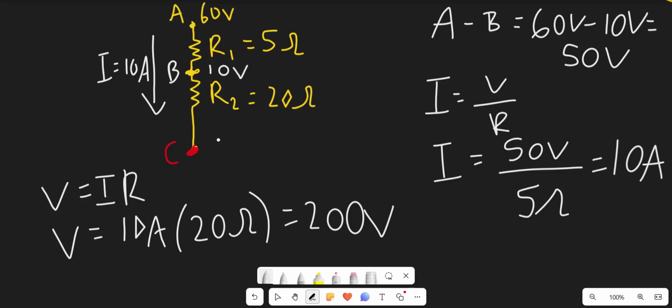And also, going back to conventional current flows from a high potential to a low potential.